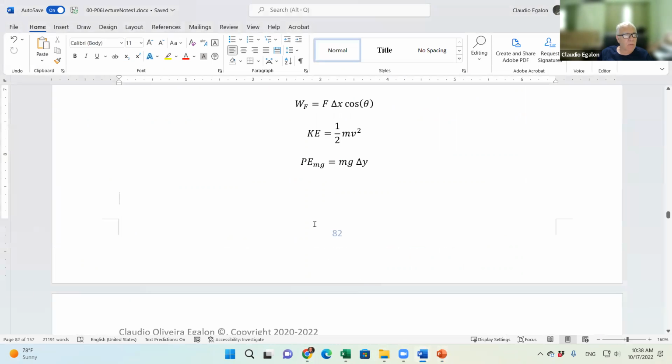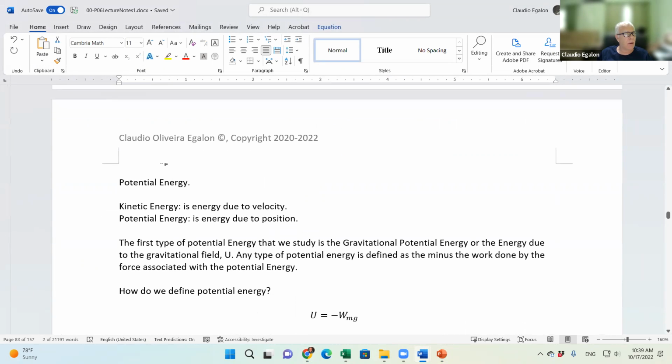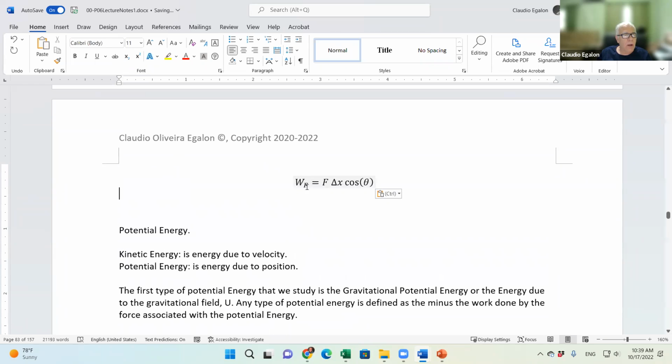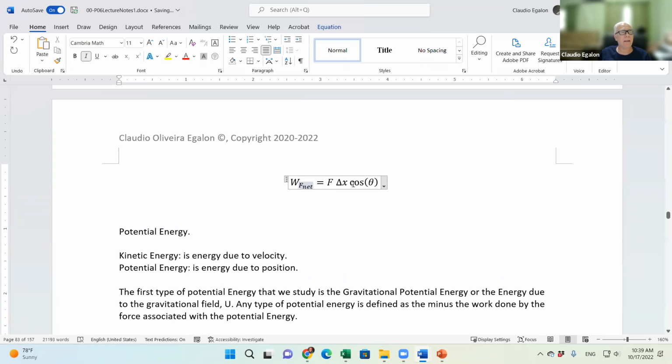Going back to the work kinetic energy result, right? The work of a net force, can you remember that? It is equal to final kinetic energy minus initial kinetic energy.